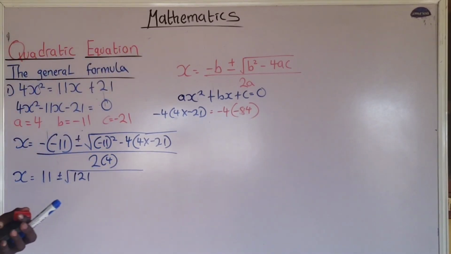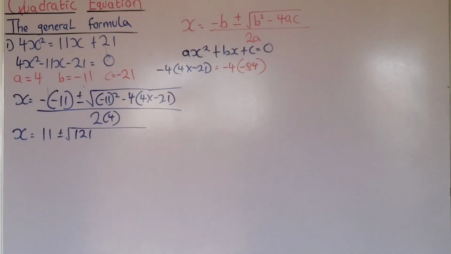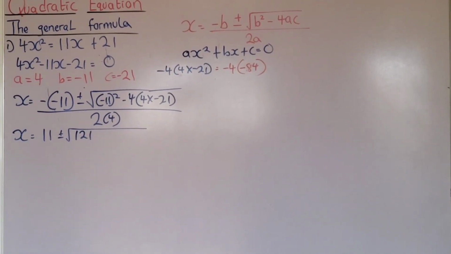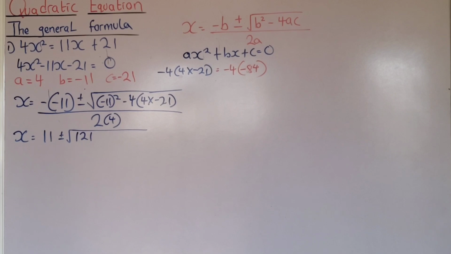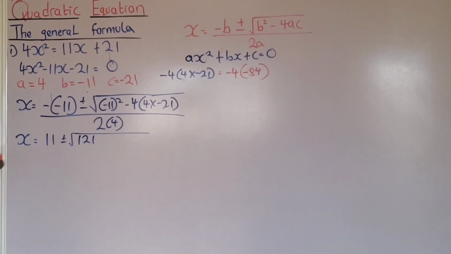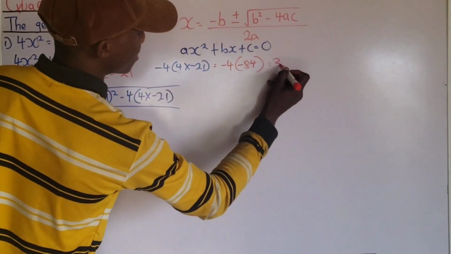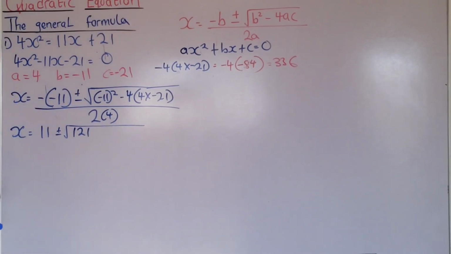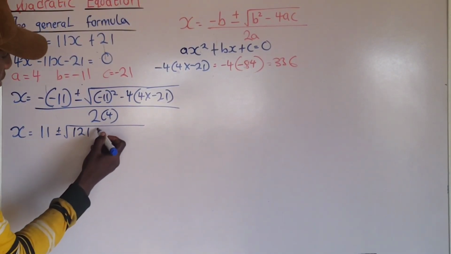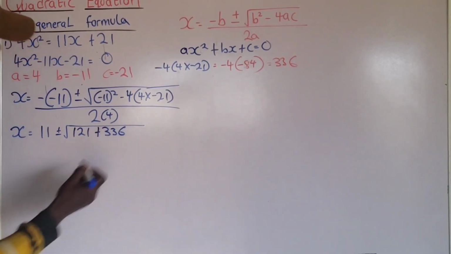Now, negative 84 multiplied by 4 will give us 336. You understand? So for this I'm going to have the square root of 121 plus 336. Okay?